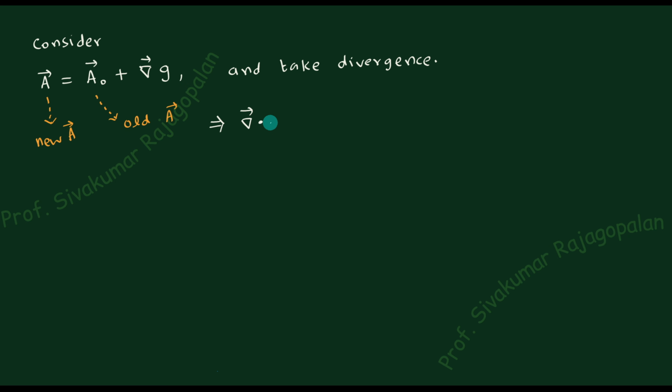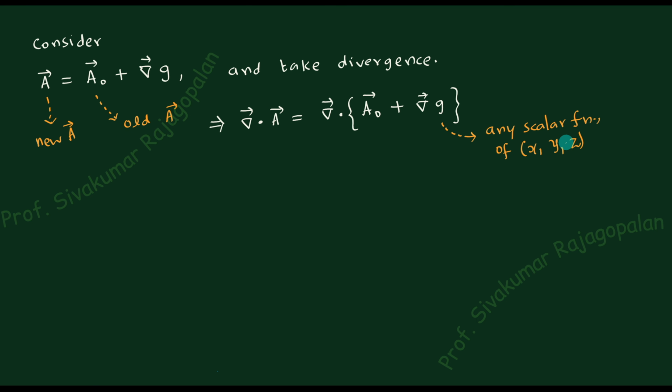The divergence of the A vector will be equal to the divergence of, open a bracket, A naught plus the gradient of the scalar function. Always remember that this scalar function is a function of x, y, z, always in 3 dimensions.